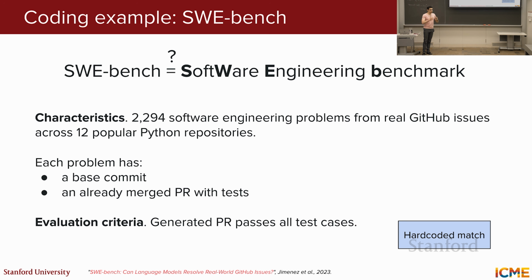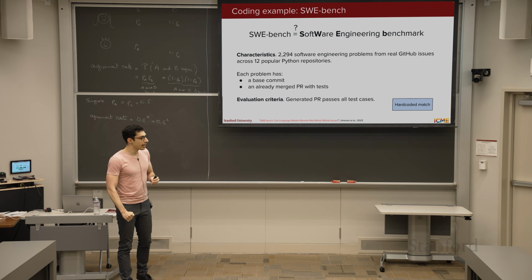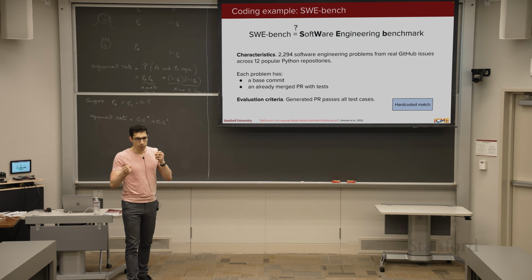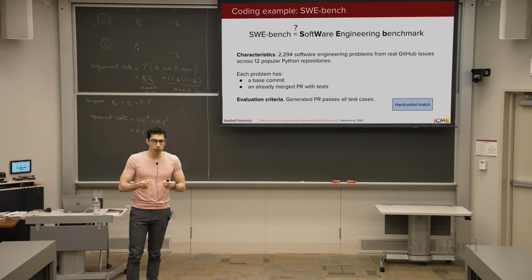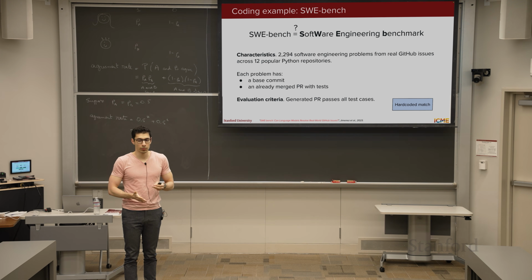And what they did is that they looked at popular Python repositories, and they filtered down those that contained pull requests that were solving an issue and that introduced tests. So you have some before-after behavior that you can quantitatively assess with the tests that are introduced.